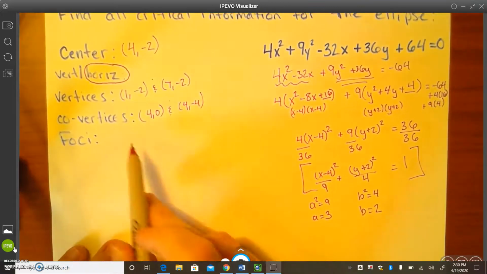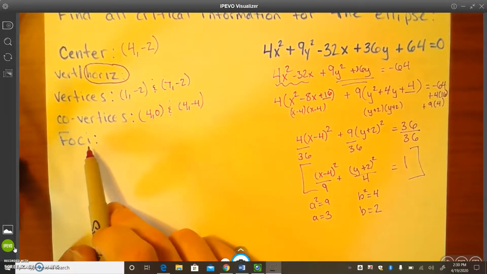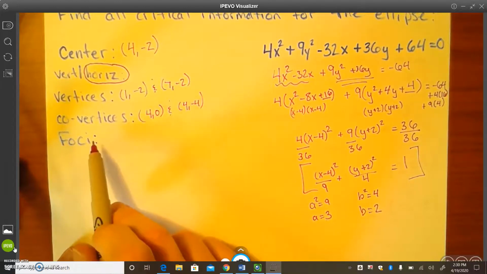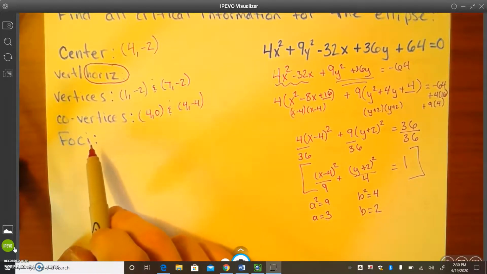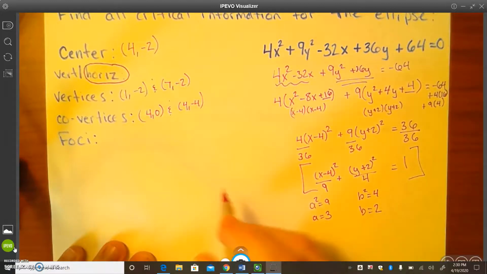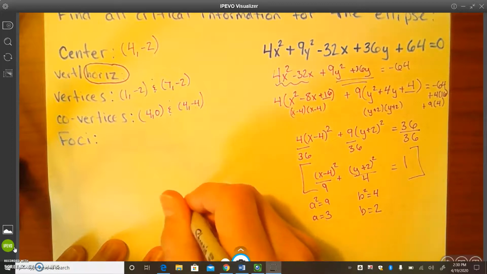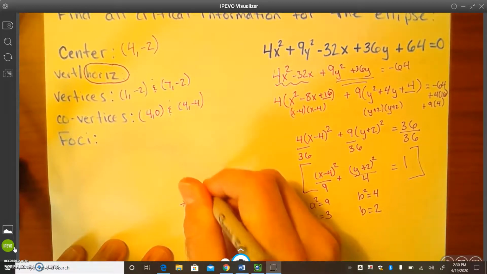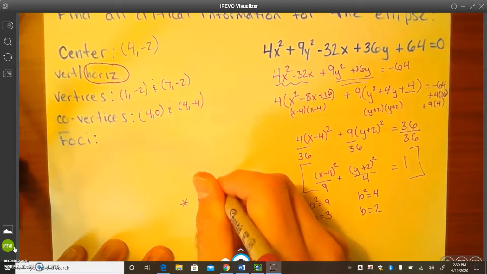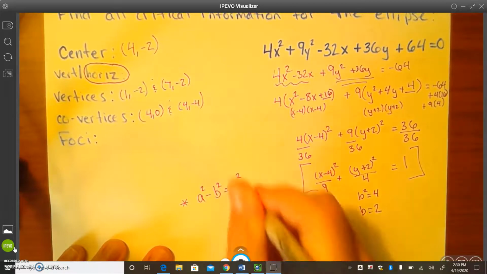Now, the foci, your 2 focus points, are c units away from your center. And you might not remember this because it's been all the way back from Friday. We have this little secondary equation here: a squared minus b squared equals c squared.